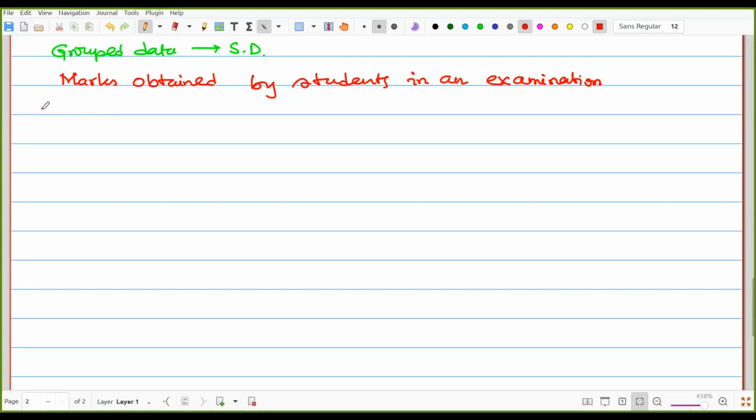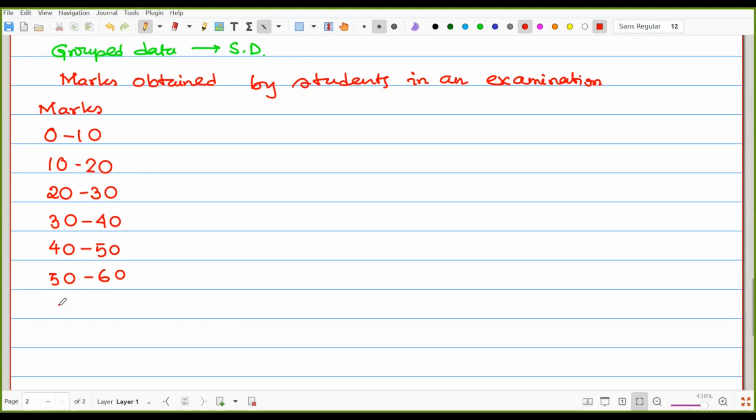And the marks have been given like that: marks from 0 to 10, then 10 to 20, then 20 to 30, 30 to 40, 40 to 50, and 50 to 60, 60 to 70, 70 to 80, 80 to 90, and 90 to 100. So all the marks have been given.